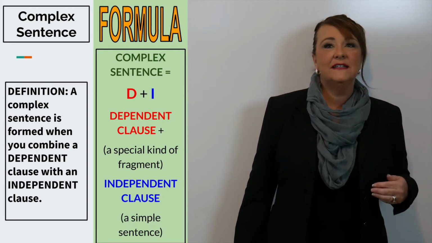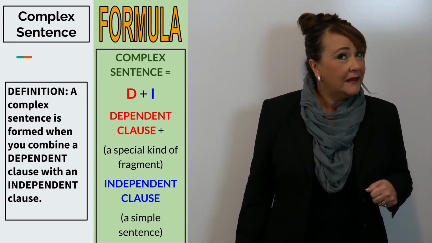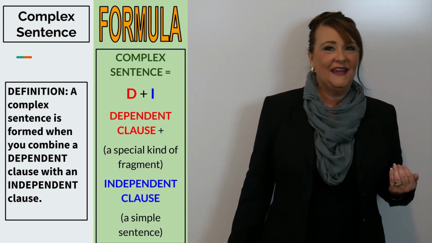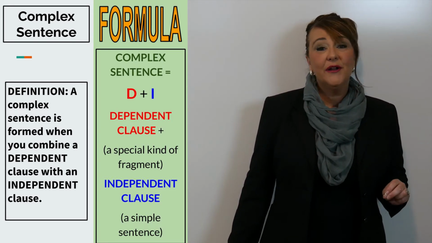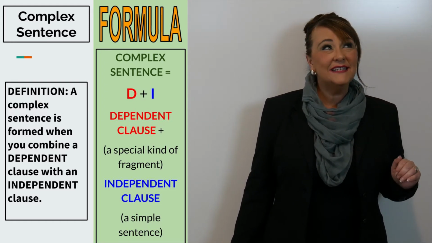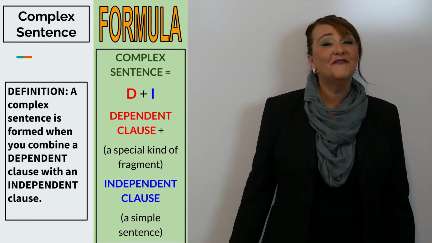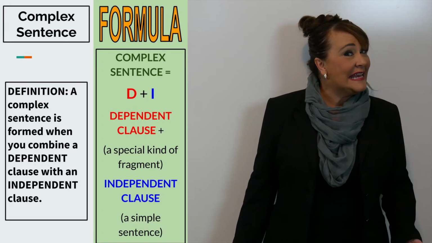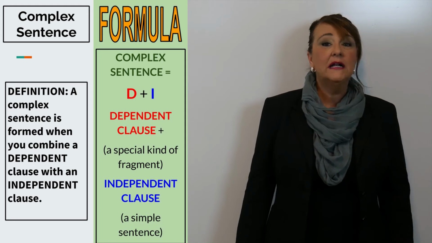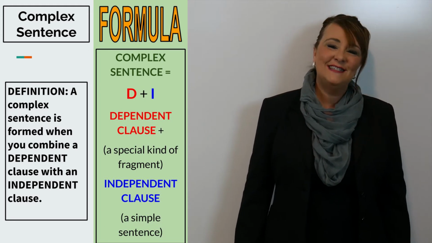I think of it as D for dependent plus I for independent. Remember that the dependent clause is not a complete sentence. It's a special kind of fragment. And the independent clause is a complete sentence, or, like what we talked about, a simple sentence.